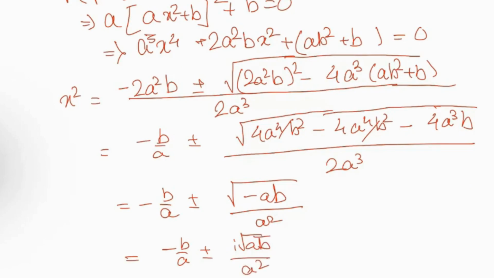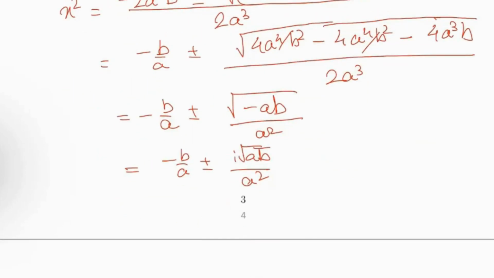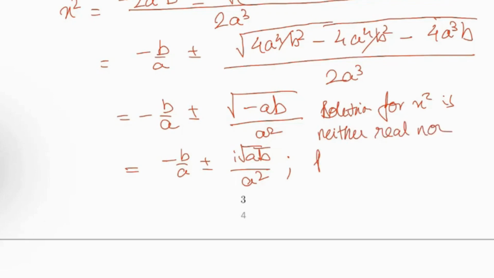Now remember that a and b have the same sign, so ab is a positive quantity. So minus ab is negative, and the square root of a negative quantity is a complex part. So we can see that the solution for x square is neither real nor purely imaginary.